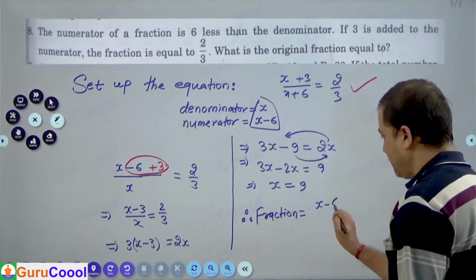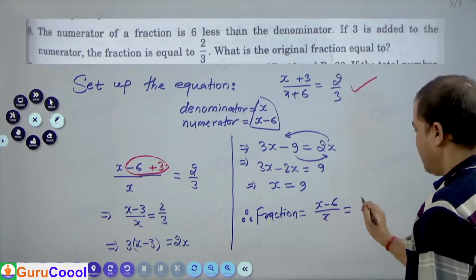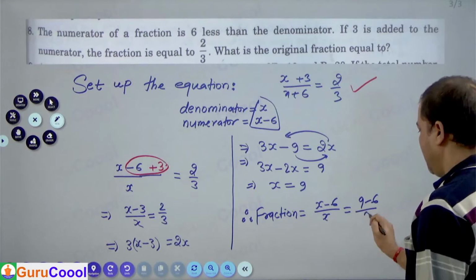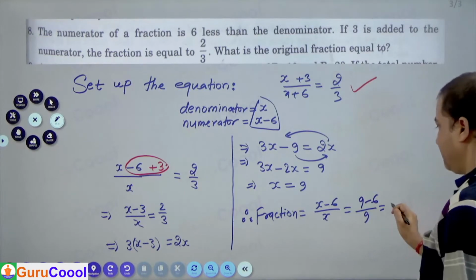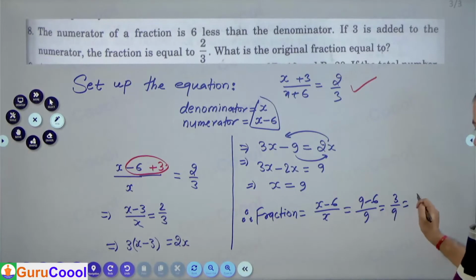X value is 9, so write 9 minus 6 by 9 means what? 3 by 9 means 1 by 3. Answer. Any question? No, sir.